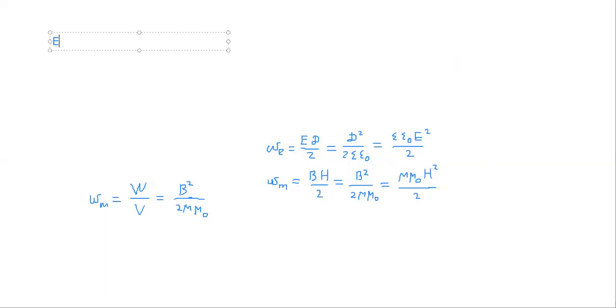So energy density of electromagnetic field is energy density of electric field plus energy density of magnetic field.